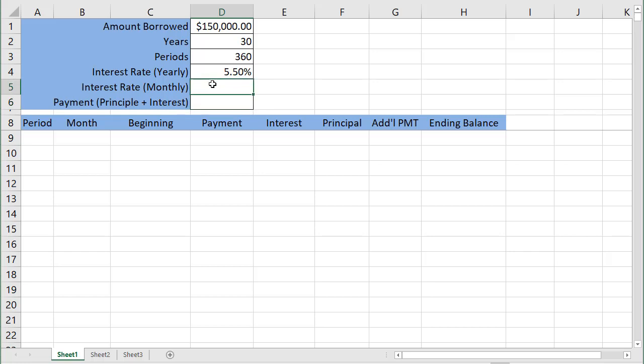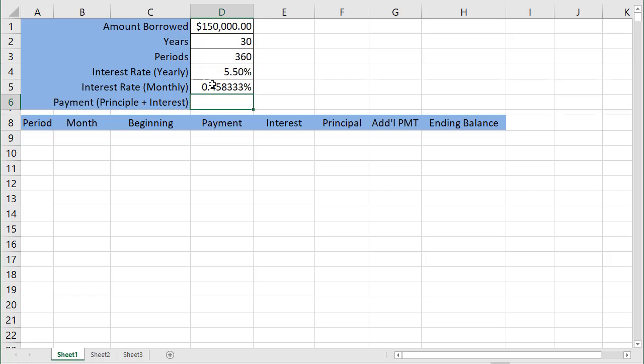What we have to do in order to do these calculations correctly is figure out, since I'm making my payments monthly and interest is calculated monthly, how much interest is charged to me monthly. And I do that by saying, well, the annual rate is 5.5%. I'm going to divide that by 12 because there are 12 months in the year.